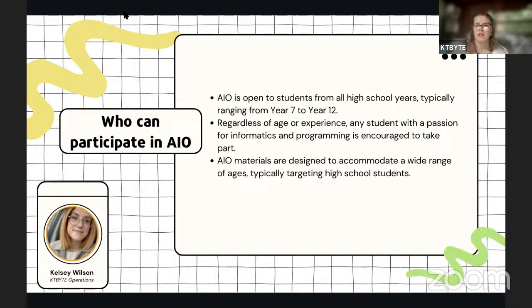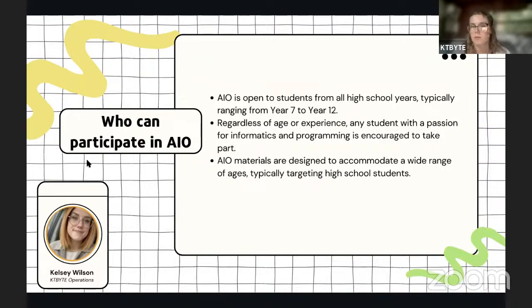But regardless of age or experience, any student with the passion is encouraged to take part or try. Even with the USA Computing Olympiad and other competitions, we always encourage students to at least try.